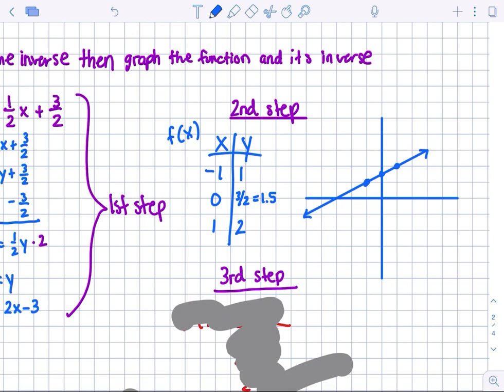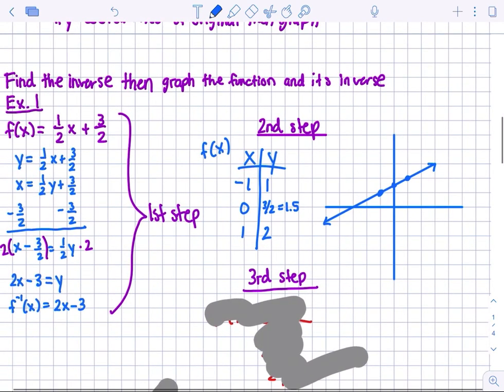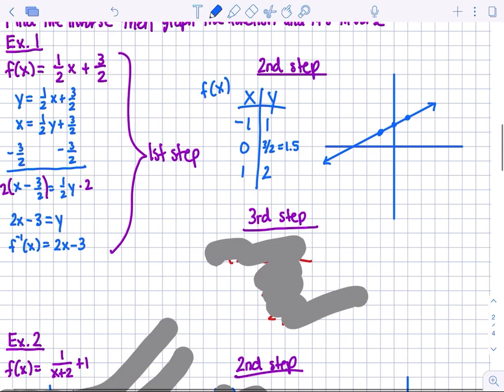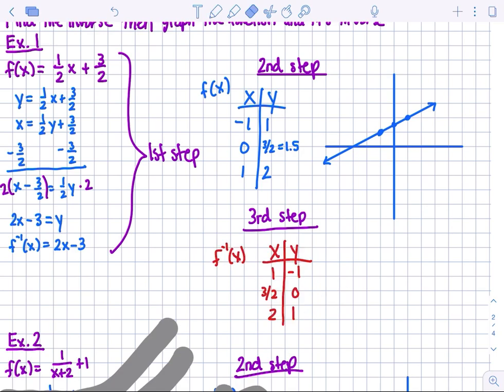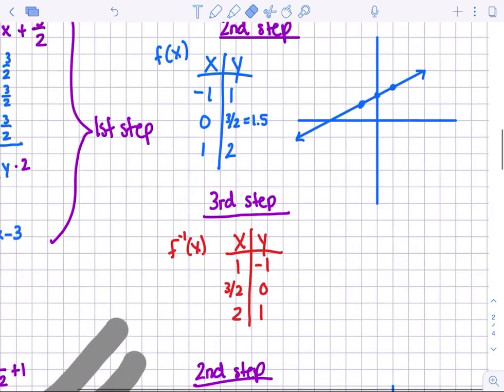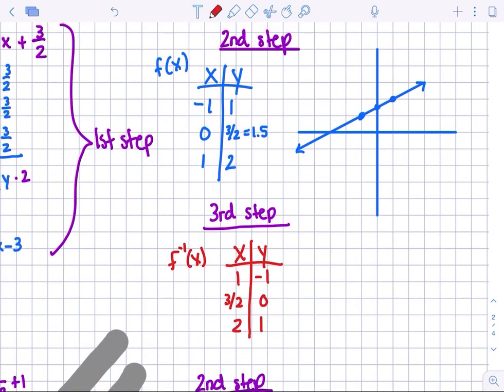Right, so there's your original graph, and now let's go find the inverse. Once we find the coordinates of the original, we can switch x and y coordinates in order to get the xy table of the inverse. So I simply just switched -1 for 1, 0 for 1.5, and 1 for 2, and like so, and then you can graph your inverse. 1, -1 is right here.